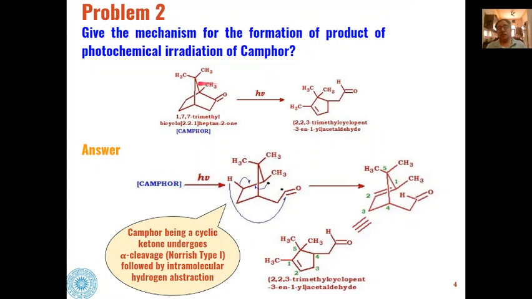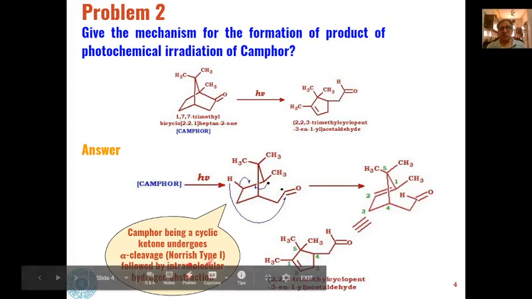again, if you see this camphor, this is a bicyclic ketone where this ring is a six-membered ring on which this ketone is present. And these six-membered ring ketones will also undergo Norrish type 1 cleavage, that is, an alpha cleavage reaction will take place.